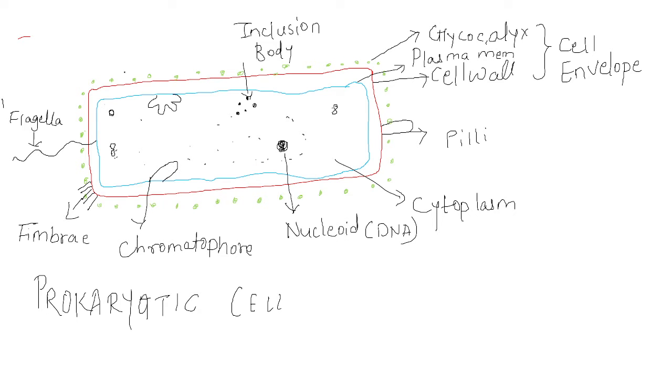For locomotion. This body is the mesosome. This is the plasmid. Is it clear, students? What remains now? This and this are nothing but the ribosomes.